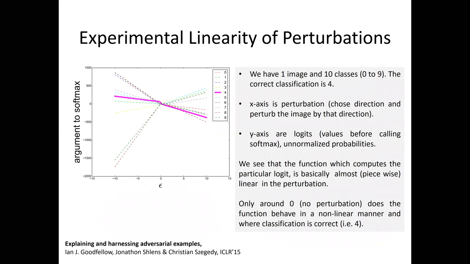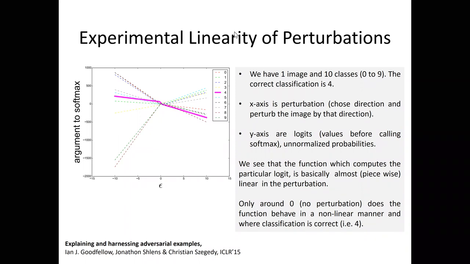It is a nice investigation which was performed in this classic 2015 paper, one of the early papers by Goodfellow, Shlens, and Szegedy. So we have the following setting; again, we're studying the linearity of the perturbations.